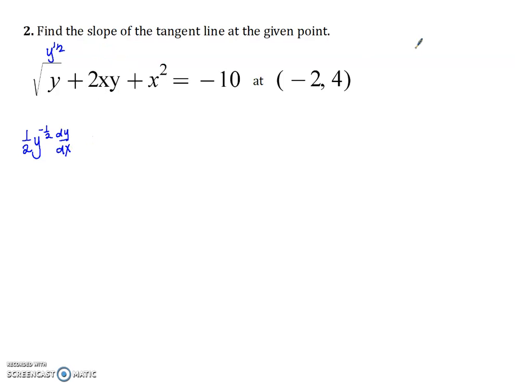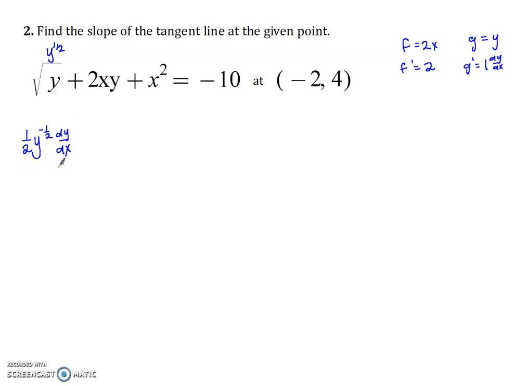Then I'm going to have to do product rule here. So f is 2x, f prime would just be 2, g would be y, so g prime would just be a 1, but then times a dy dx since we took the derivative of a y.